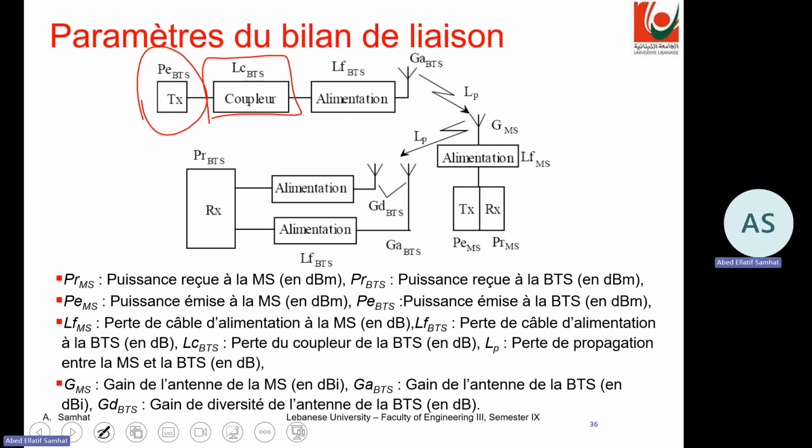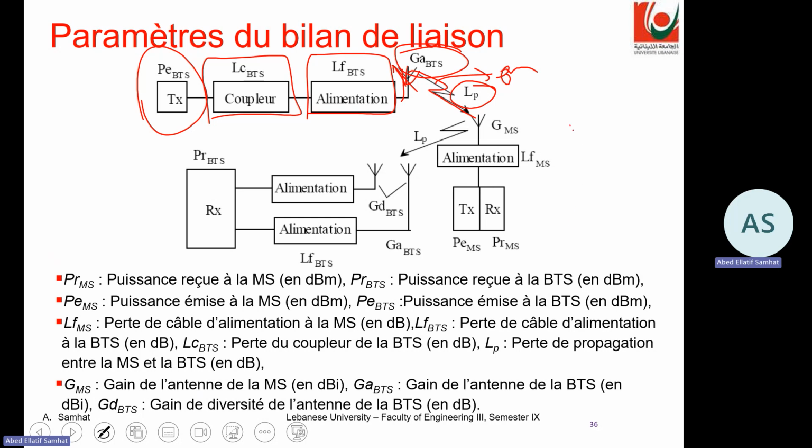And we have another loss due to the feed cable. After that, we have the antenna. Typically, at the antenna it's possible to make an amplification, that's why we have a gain. And over the wireless, it's a propagation, and in this case we have the path loss. It's also a loss in the power.